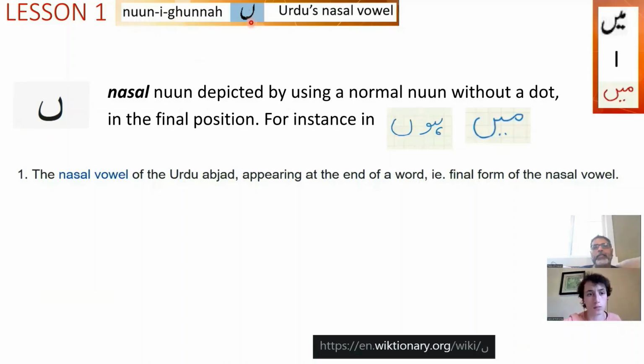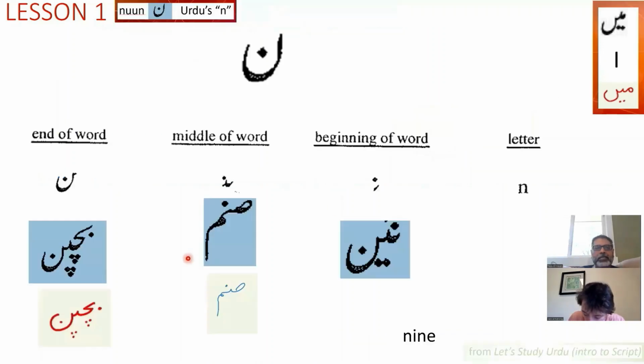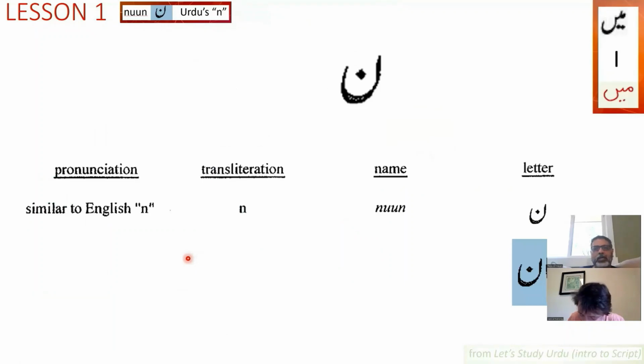This is a version of Noon without the dot, which makes it nasal. There are two words, main and hu, of our first lesson, and both of these words have Noon Gunna at the end. But before we can get to Noon Gunna and understand that, we have to go through Noon, unfortunately.